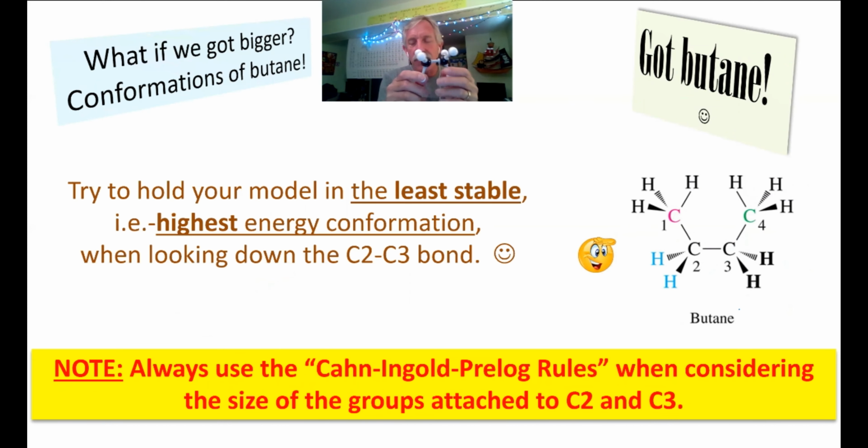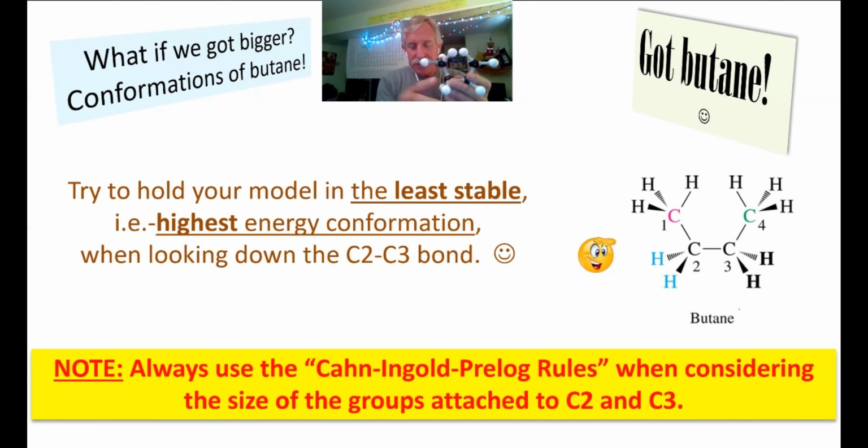See if you can take your ethane and please build the butane chain for me. Okay, here is the 4-carbon butane chain as pictured down here. So please take a moment and build this butane chain for me.